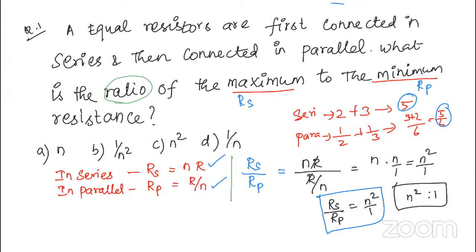So if they give the options as N is to 1, or 1 by N square is to 1, or N square is to 1, and 1 by N is to 1, then we are choosing the option C. Sometimes they ask for proportional values also. Whatever they ask, we are ready to do it.